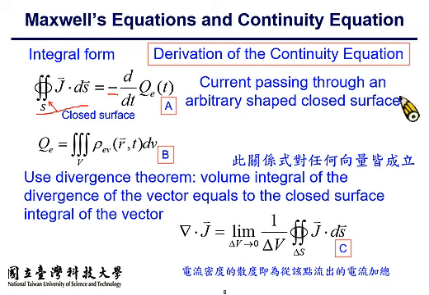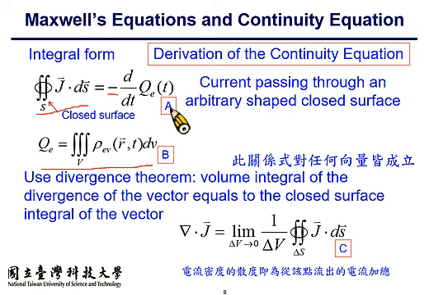So current passing through an arbitrary shaped closed surface equals the negative of the time rate of change of charge, and the total charge within that closed surface can be expressed as the volume integral of charge density.